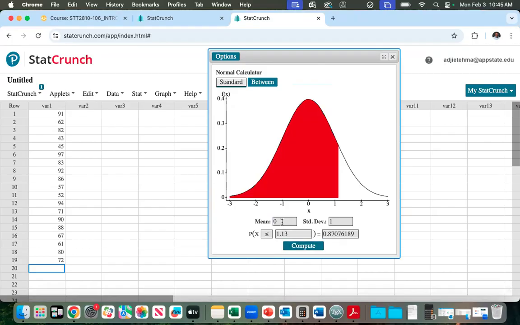So you see standard normal, mean 0, standard deviation 1. And then Z less than 1.13. I put in a 1.13 here. I hit compute. I got 87.08. So that is C.